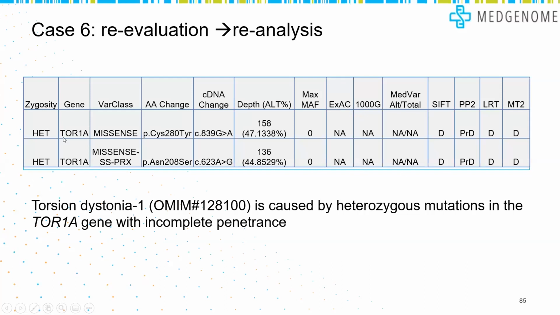And what we know about TOR1A is that it is an autosomal dominant condition which causes torsion dystonia type 1. It also has incomplete penetrance. So an autosomal dominant gene with an incomplete penetrance could be an associated gene with this.